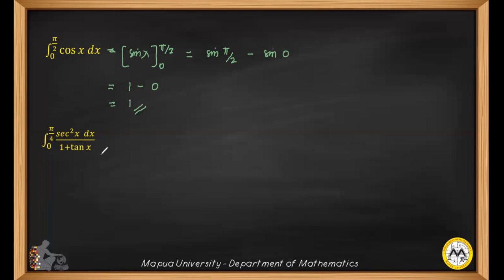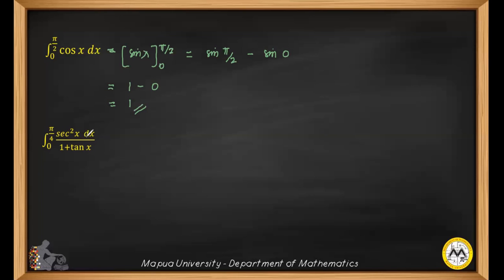Okay, in the next example, we will consider evaluating the integral of secant square of x over 1 plus tangent of x times the differential of x, to be evaluated from the lower limit 0 to the upper limit pi over 4.